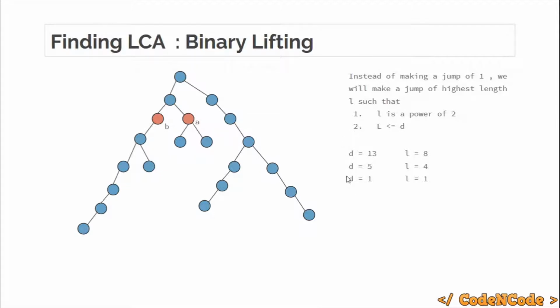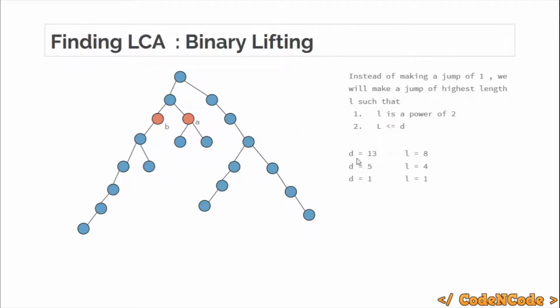So you see, D is basically being cut down in half in every operation. So there won't be more than log n operations, or basically there won't be more than log n jumps. Whatever D is, D can be in the worst case n minus 1. So you won't be making more than log n jumps.